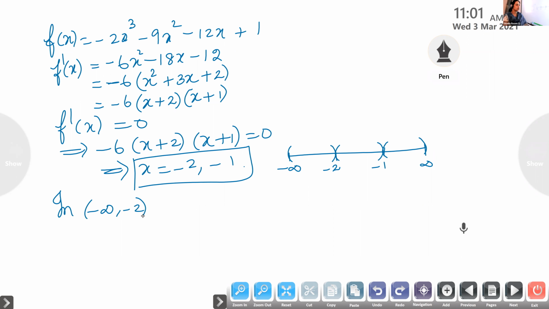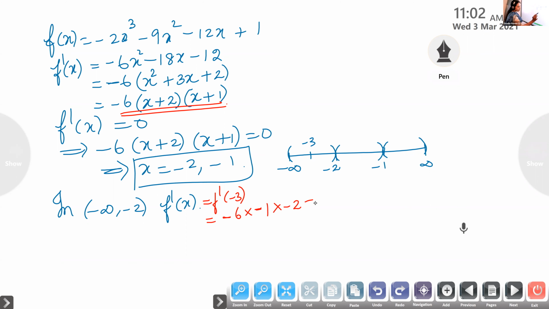So it is minus 6 into, when you put minus 3, minus 3 plus 2, what is it? Minus 1, into minus 3 plus 1, it is minus 2. So negative into negative into negative, is it positive or negative? It is negative.